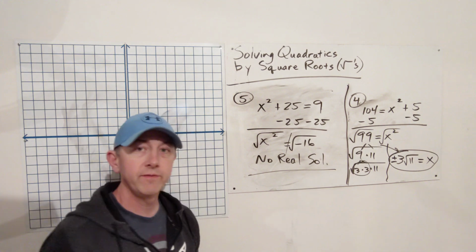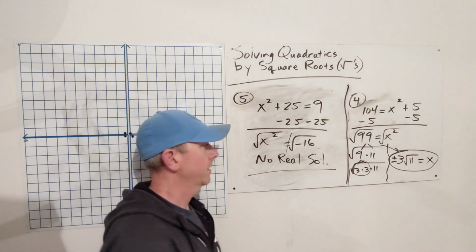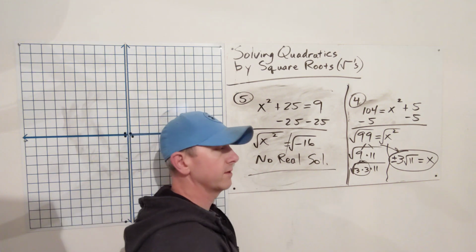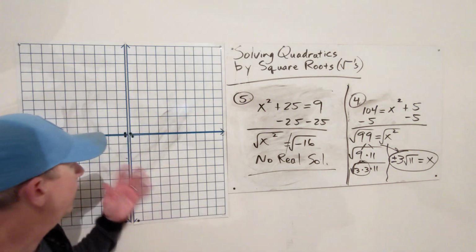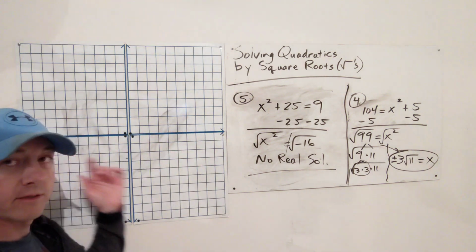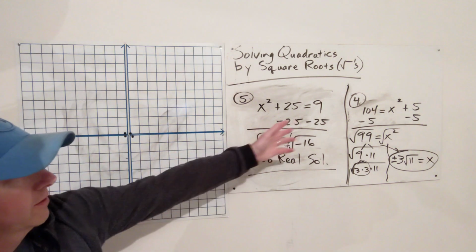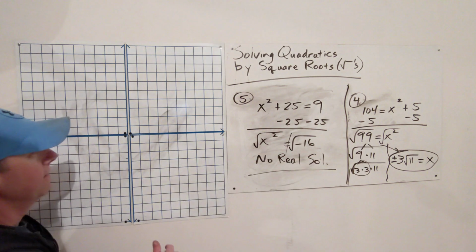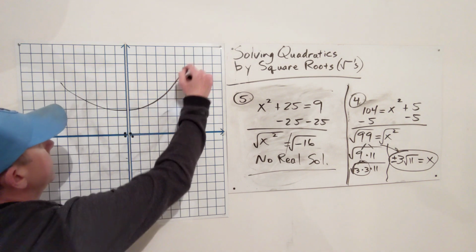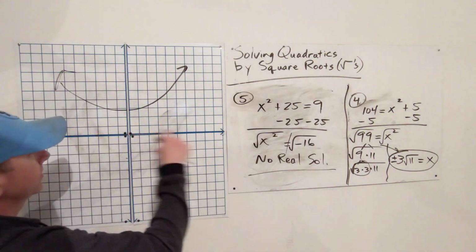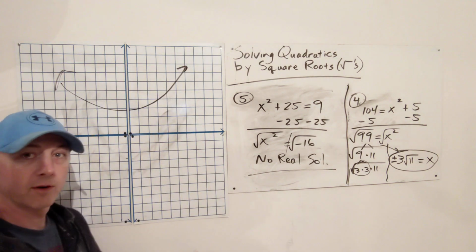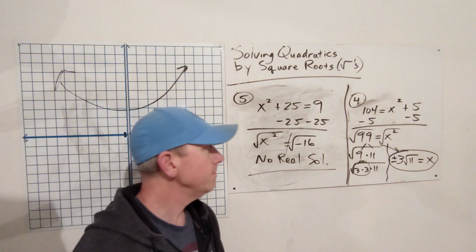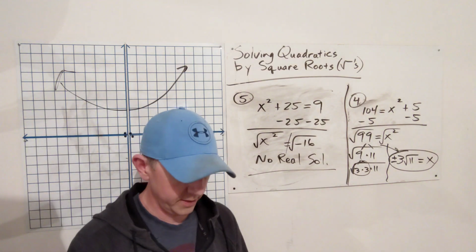If you want to abbreviate it NRS, that is okay, but it means no real solution. What that means is the graph would not cross the x-axis. We could still possibly graph x squared equal to negative 16, but it might be somewhere up here where the solution does not cross the x-axis. So anyhow, there's no real solution there.